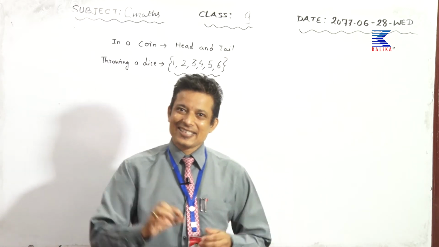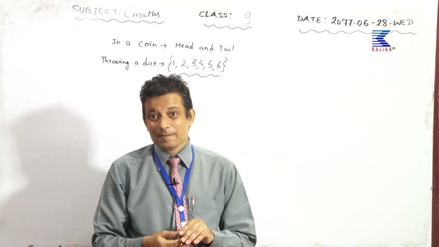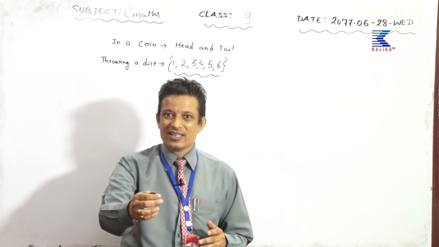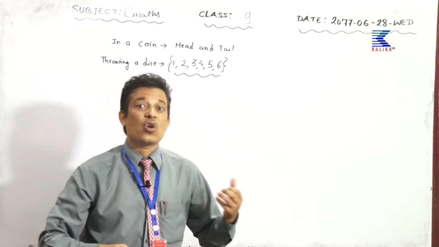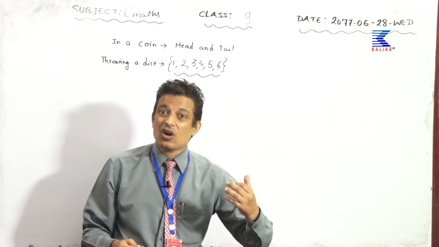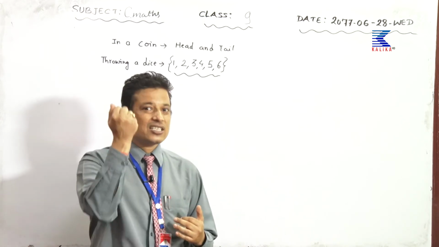I have a coin, and I am going to make an action: I am going to toss a coin in order to learn the probability, in order to know whether tail occurs or head occurs. This is called an experiment.